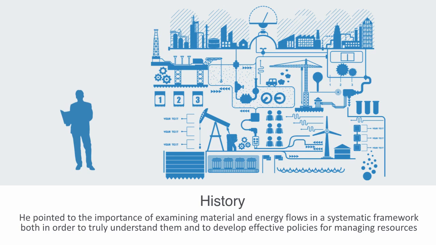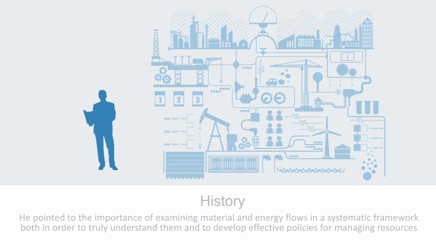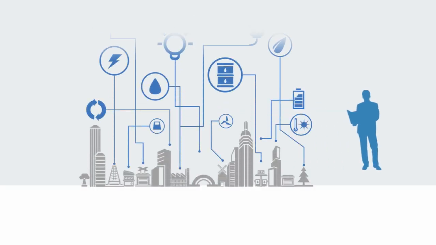His work was groundbreaking in that it introduced thermodynamics to the area. Ayres was one of the earliest scientists to bring second-law notions into industrial ecology, and his work stressed the importance of exergy as the proper measurement in studying industrial energy use.